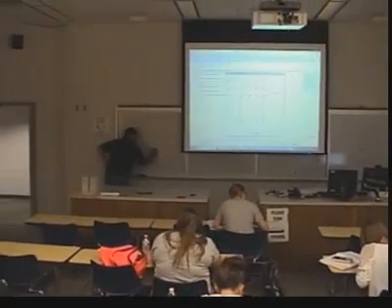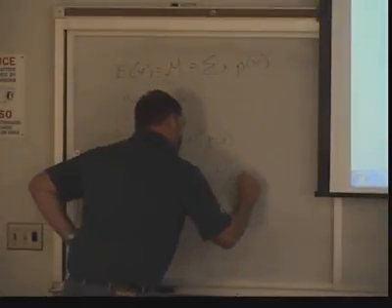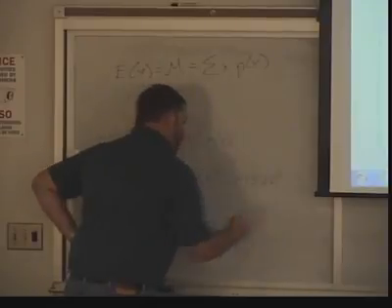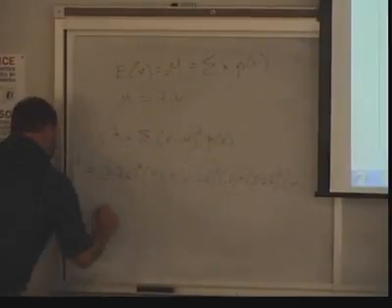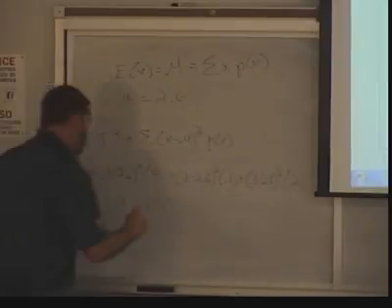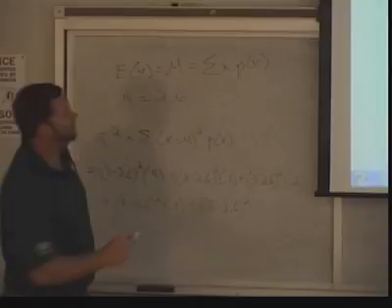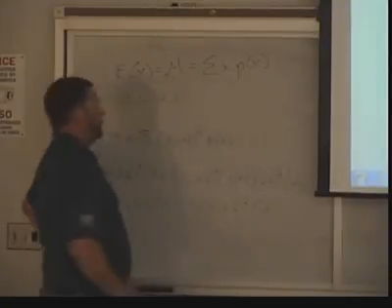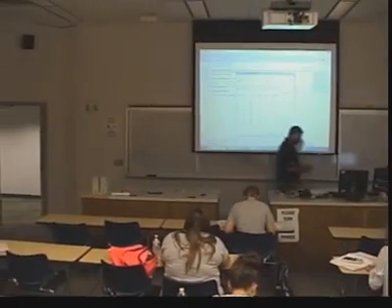And then plus, let's keep going. 2 minus 2.6 squared times the probability of getting a 2, which is 0.1, plus 3 minus 2.6 squared times the probability of getting a 3, which is 0.2, plus 4 minus 2.6 squared times the probability of getting a 4, which is 0.1, plus 5 minus 2.6 squared times the probability of getting a 5, which is 0.2. So let's put that in the calculator.